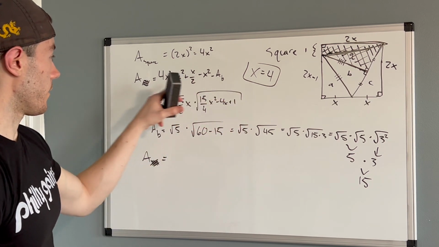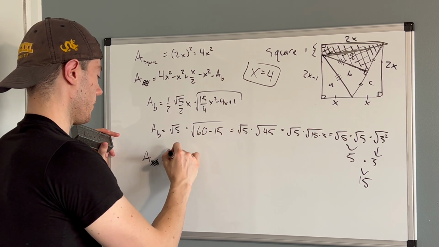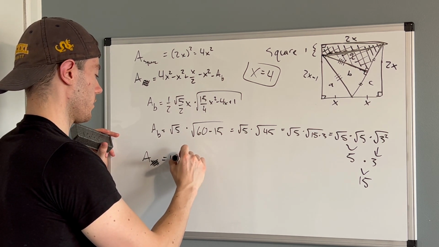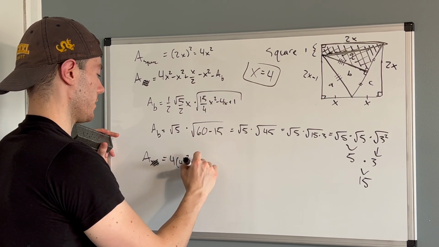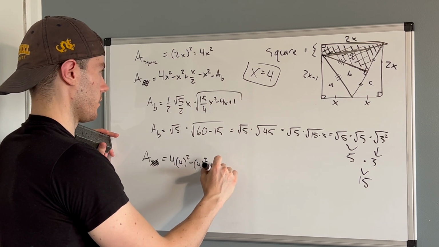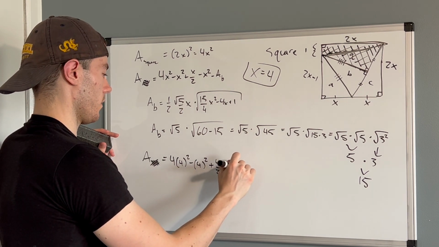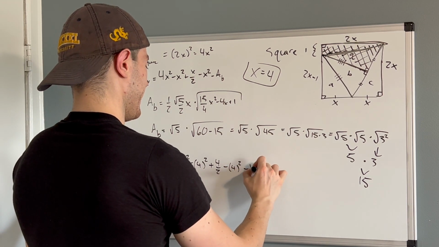Now let's plug 4 in for everything up here. So the total area of the shaded region is 4 times 4 squared minus 4 squared plus 4 over 2 minus 4 squared minus 15.